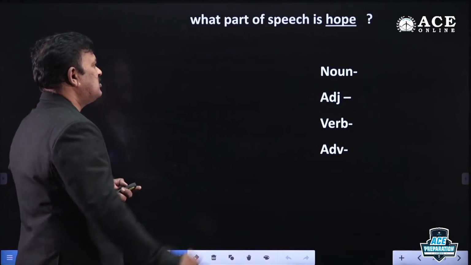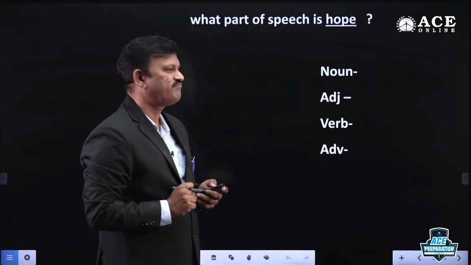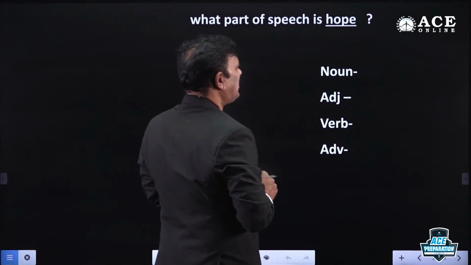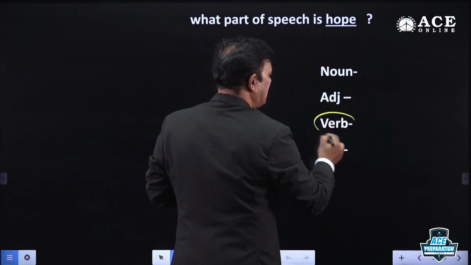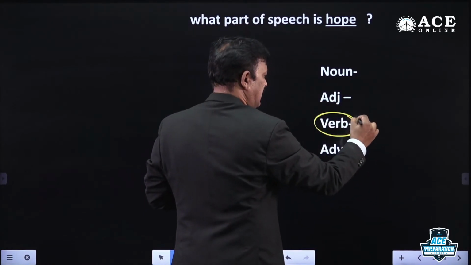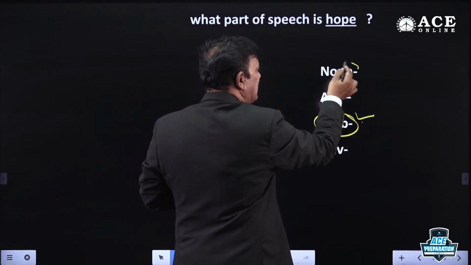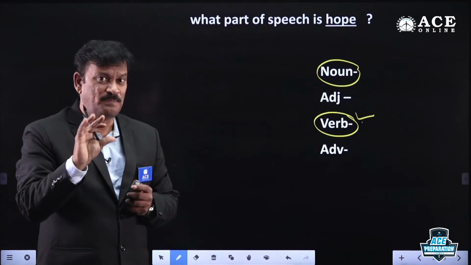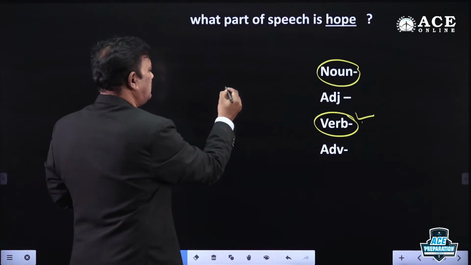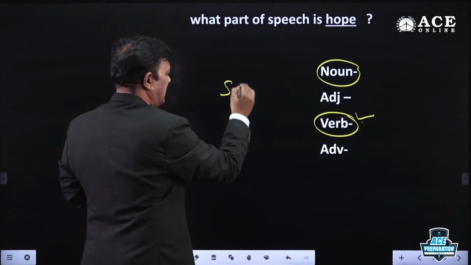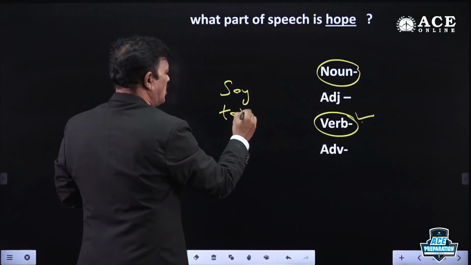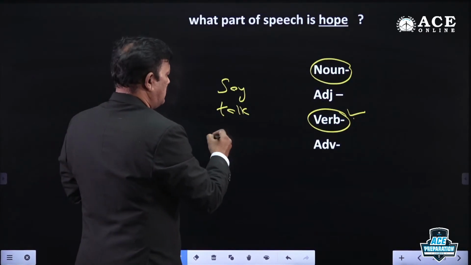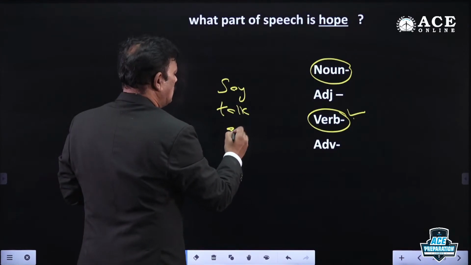What part of speech is hope? I don't mind if you say this is the verb, agreed. This can also be a noun. Most of the verbs, base form of the verb, like say, talk, and go.